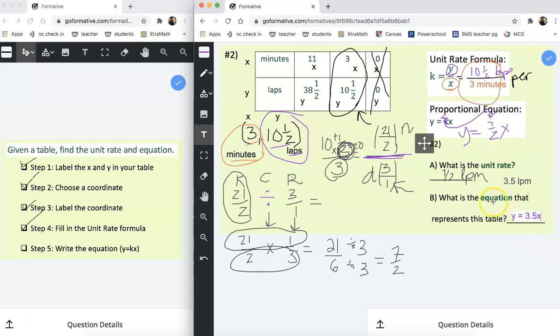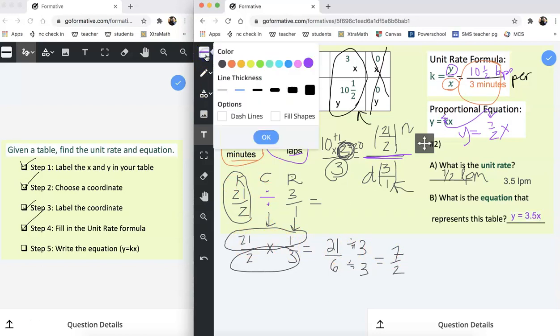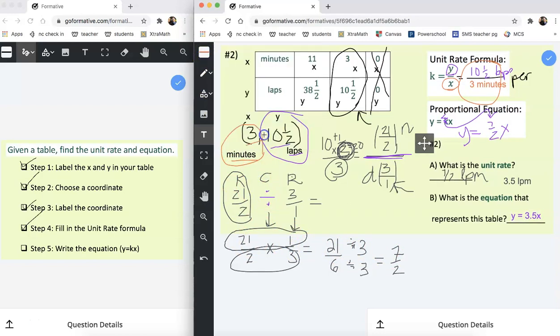X. And the only other thing that I wanted to mention is you could have also, instead of multiplying and then reducing, reduce diagonally first and then multiply across. And I'm going to show you that you'll get the same thing. Look at 3 and 21. They're both divisible by 3. 3 divided by 3 is 1, and 21 divided by 3 is 7.